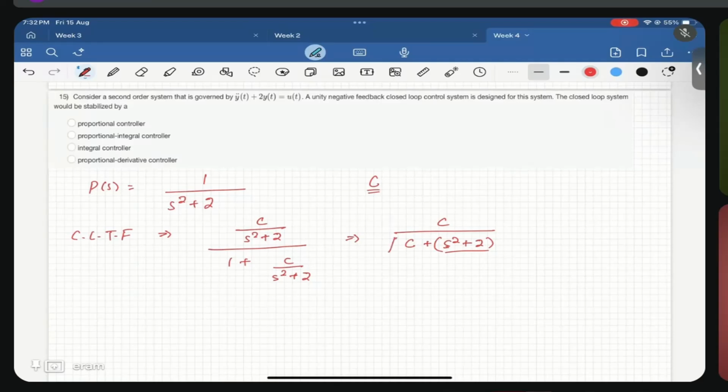If we look at the characteristic polynomial, we can observe that to have poles on the LHP, first we need all the coefficients non-zero, and here the coefficient of s is not present. And how can we introduce an s into the system? We can introduce it using a derivative controller, right?